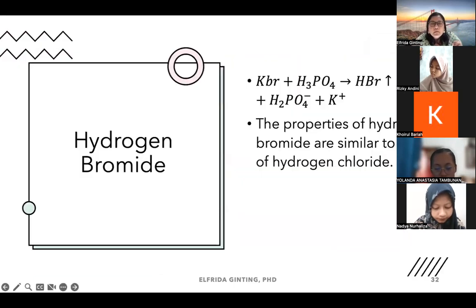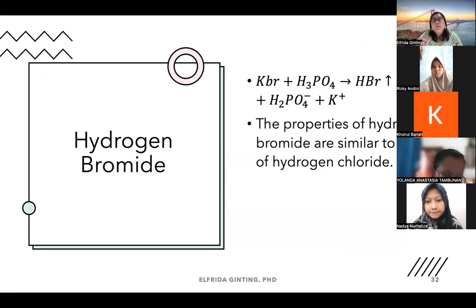And this is the reaction. Potassium bromide, we mix with phosphoric acid, and hydrogen bromide will be released, and hydrogen bromide properties are similar to hydrogen chloride.